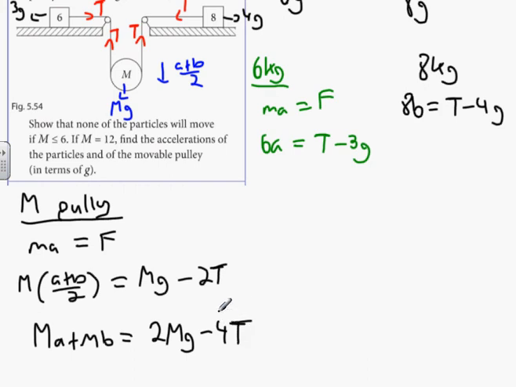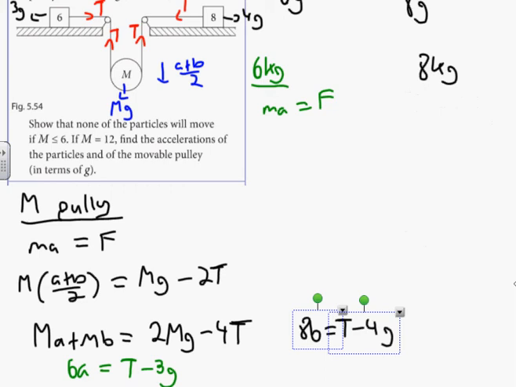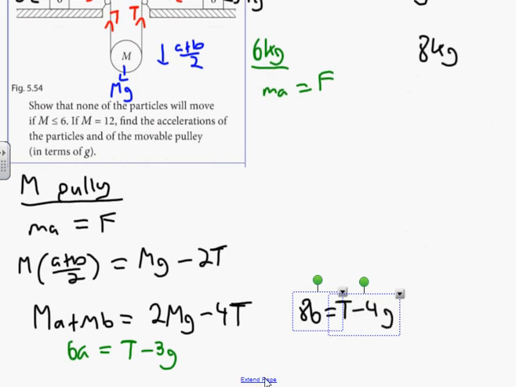Isolate A, isolate B. How to go about doing this? Okay, so we've got all of our equations downwards, equation 1, 2, and up there, 3.